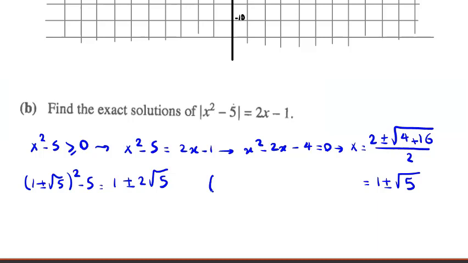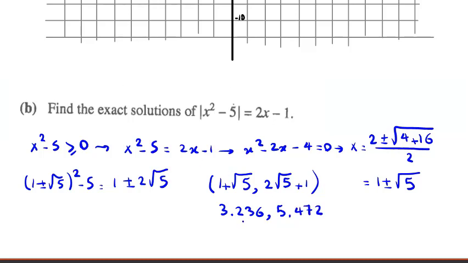So here we consider 1 plus root 5 as the x coordinate, and if we replace here, for example, it will be 2 times this minus 1. It will be 2 root 5 plus 2 minus 1. It's the first point, and the first one will be 3.236, and the second one, if you calculate, it will be 5.472.